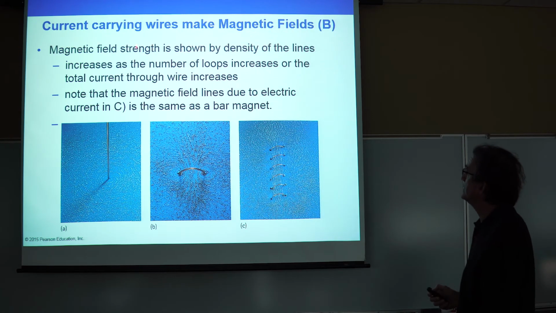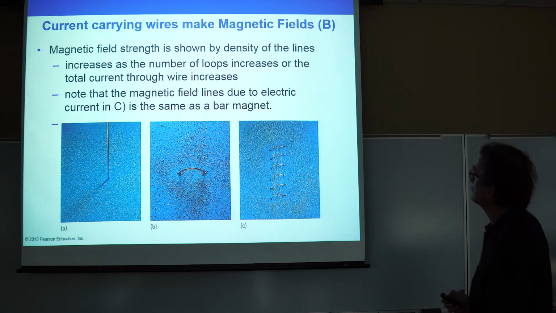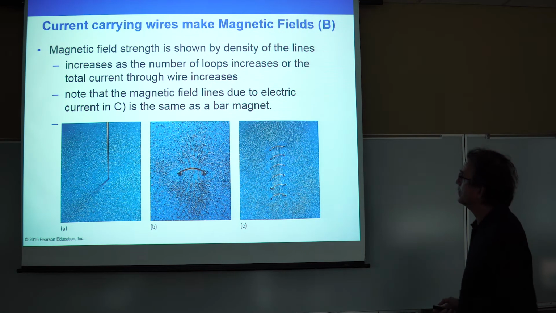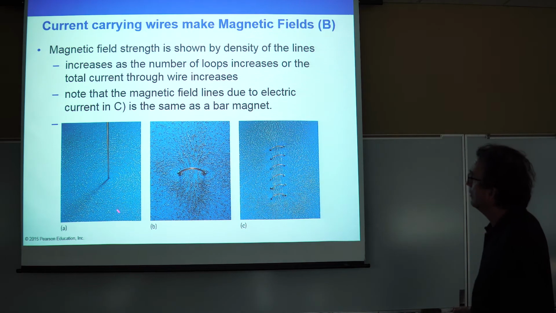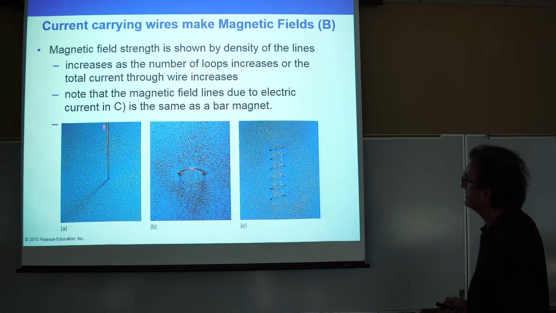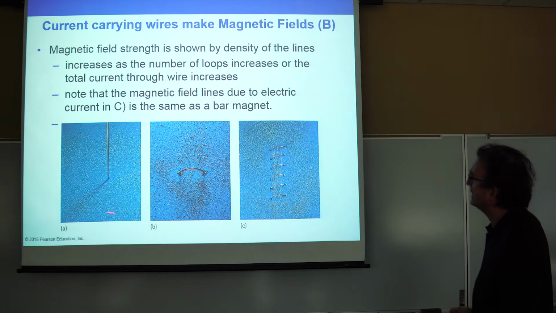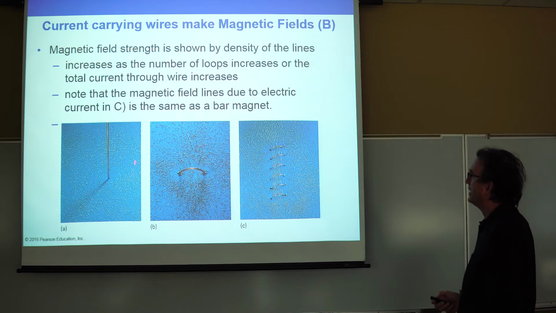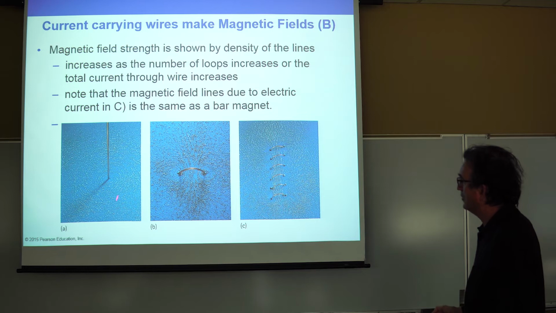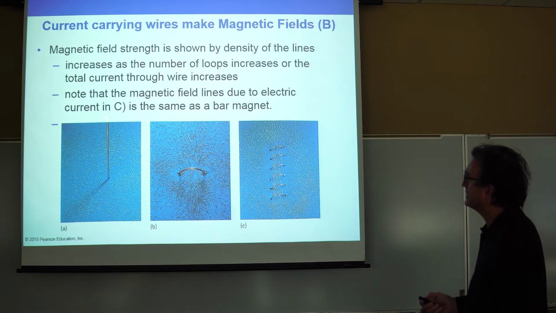There are a number of ways we can create magnetic fields from current carrying wires. We discussed the one on the left, where we apply a current through a long wire, as you see here, and I lightly sprinkle some filings on the paper around the wire. The wire is going above and below the plane of the paper, so there's a long line of current below the paper as there is above.